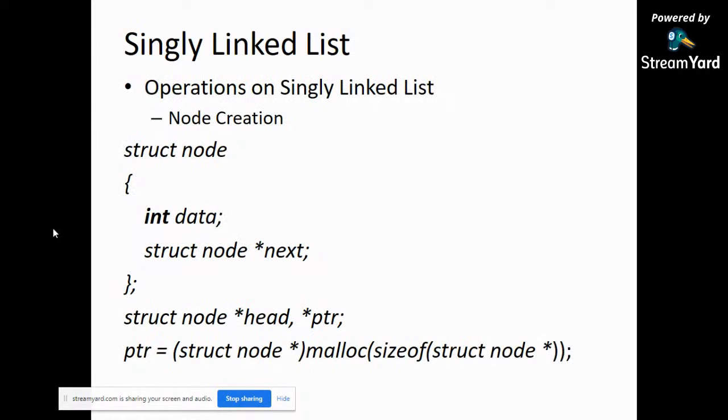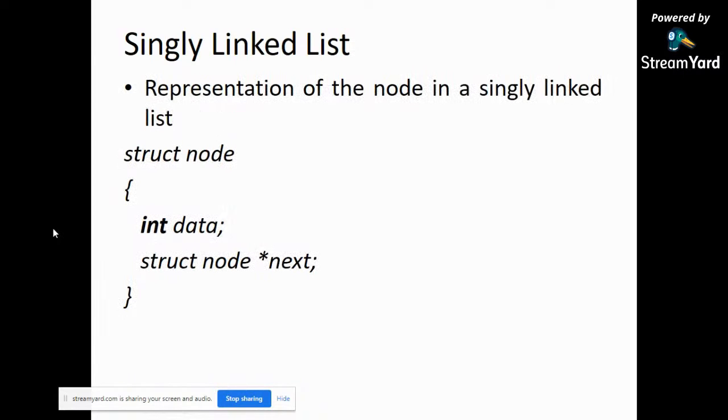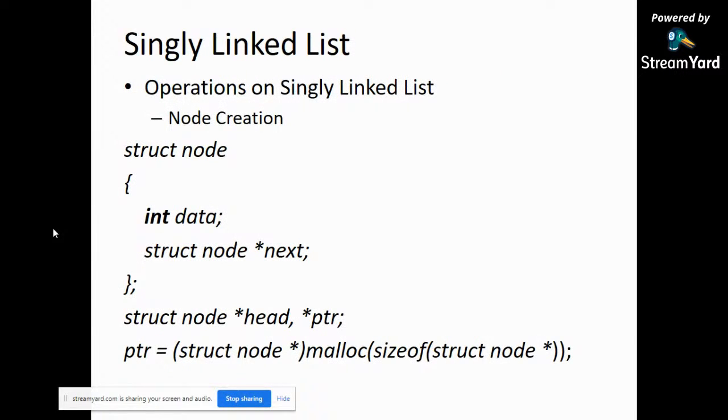Now, what are the various operations which can be performed on singly linked list? So the first operation is node creation. So what we had done is we had defined a node. In previous example also we had defined a node. Now how to create a node? So here you can see, with the help of malloc function, memory allocation function, we had given size of struct node.